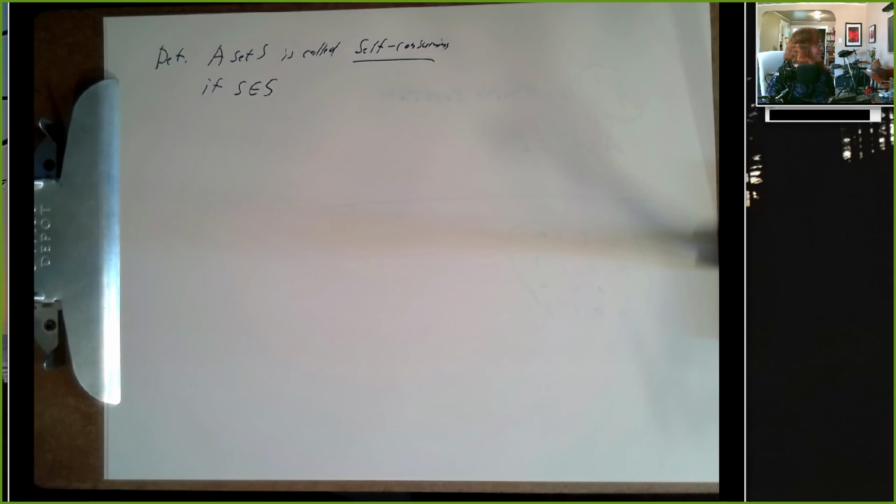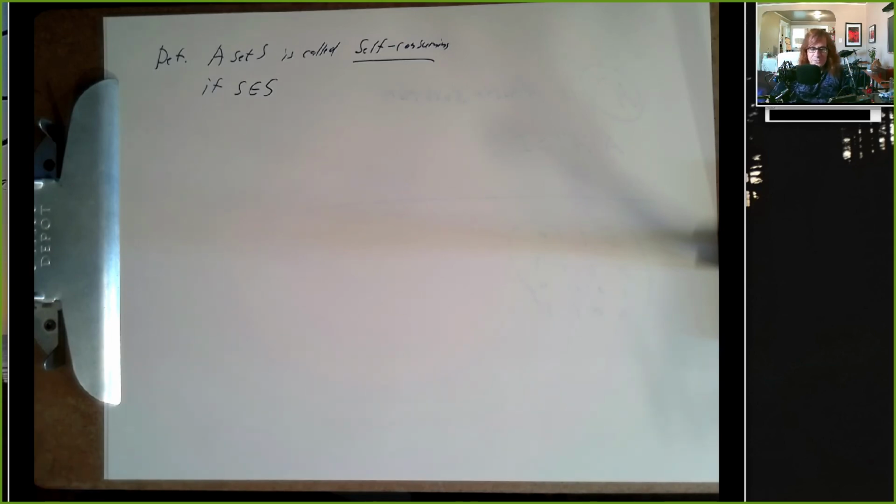And that's a really weird thing to expect a set to do, to contain itself. That doesn't even make sense, right? How can a set contain itself? Well, I don't know. It probably can't. But we can define this term self-consuming anyway.